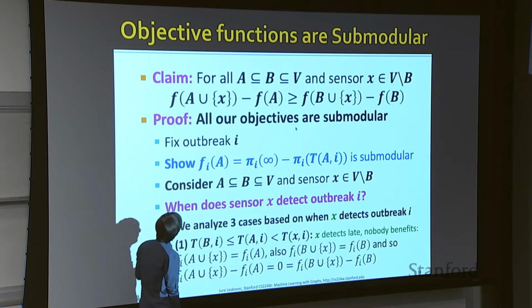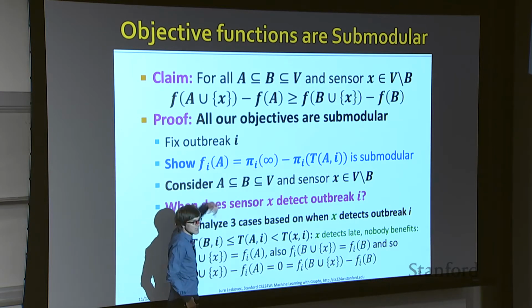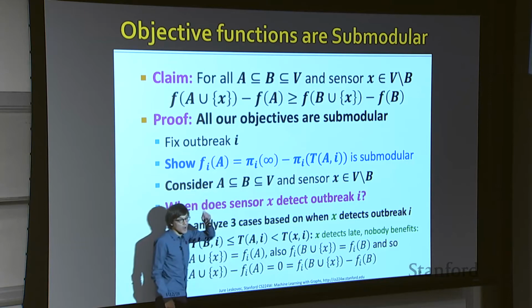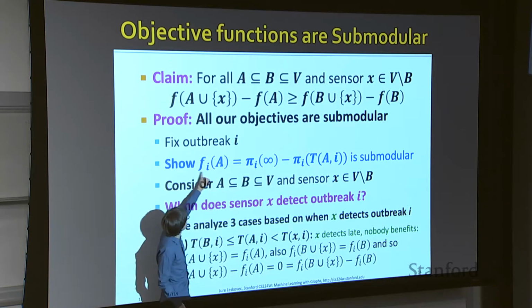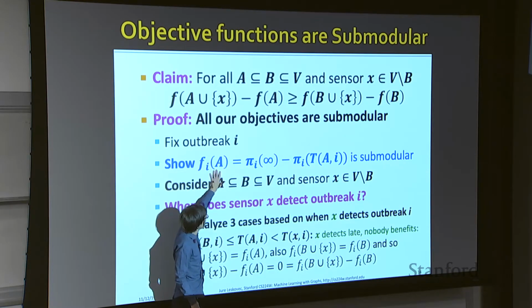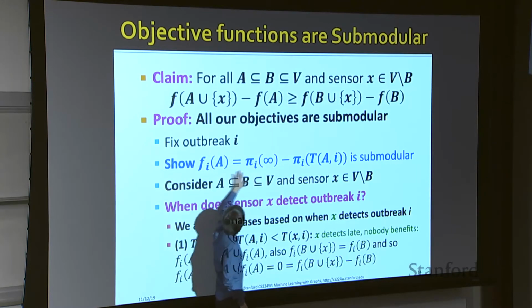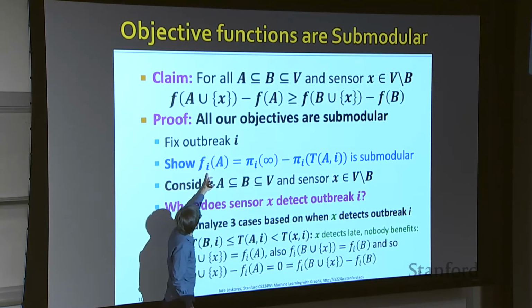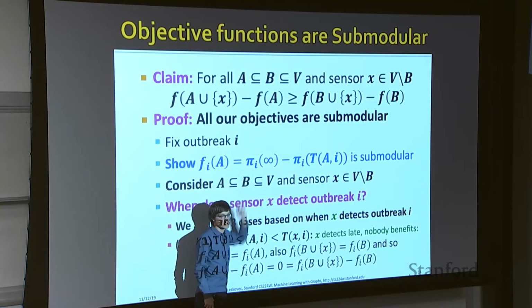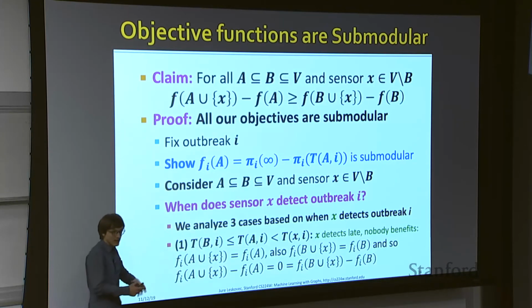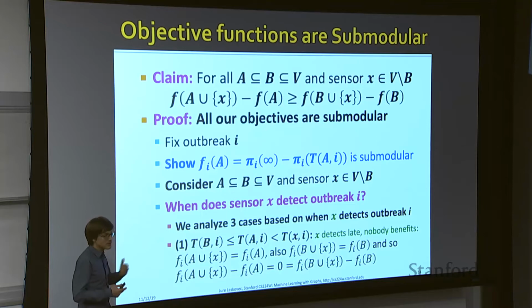All we have to do is fix the outbreak I, so we only consider one outbreak at a time and show that f sub I of A is submodular. So all I care about is proving that detecting one outbreak is submodular. And then I'll tell you why detecting all outbreaks is submodular as well.